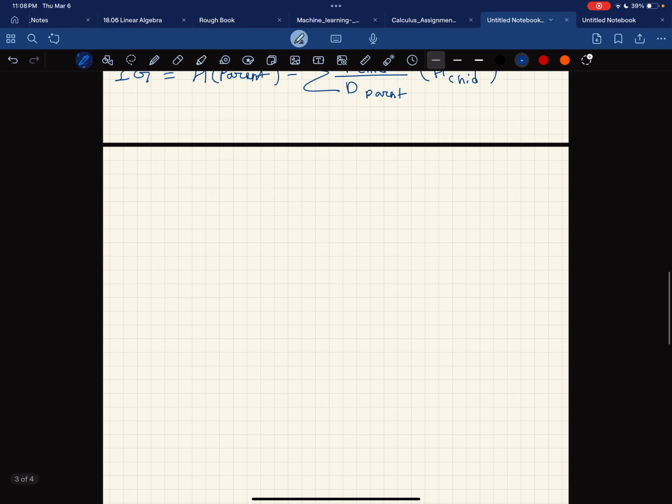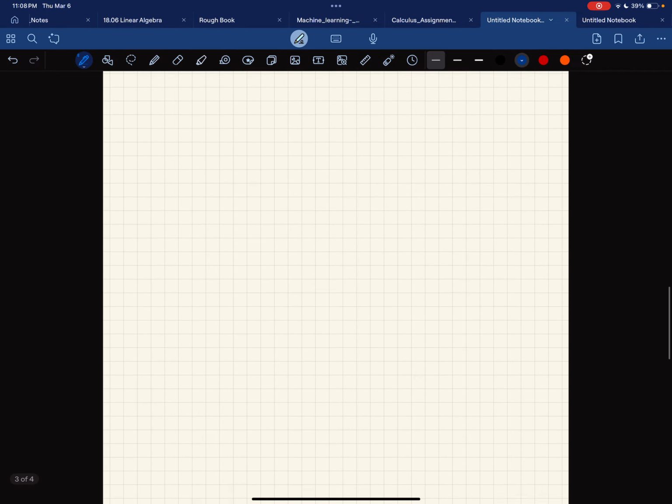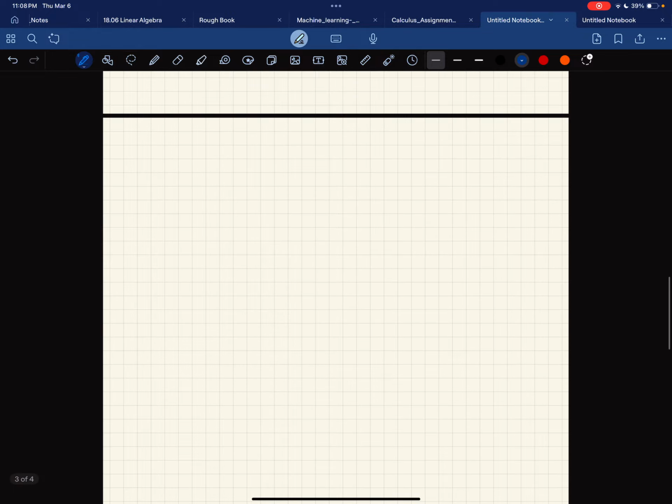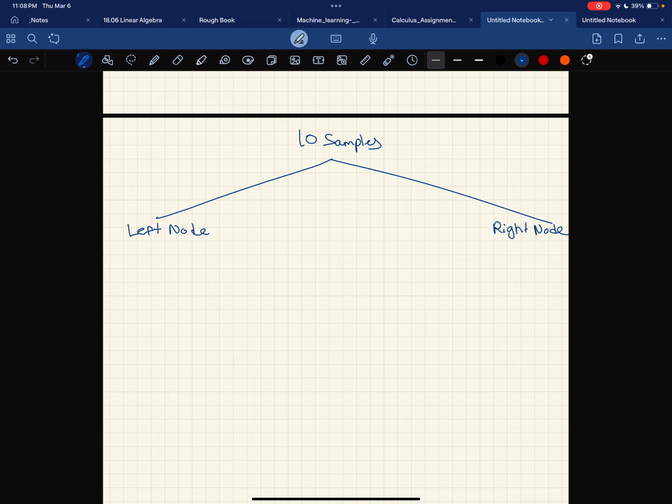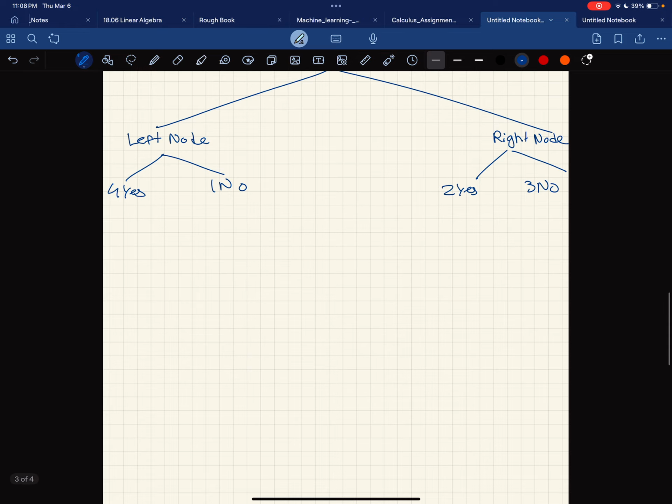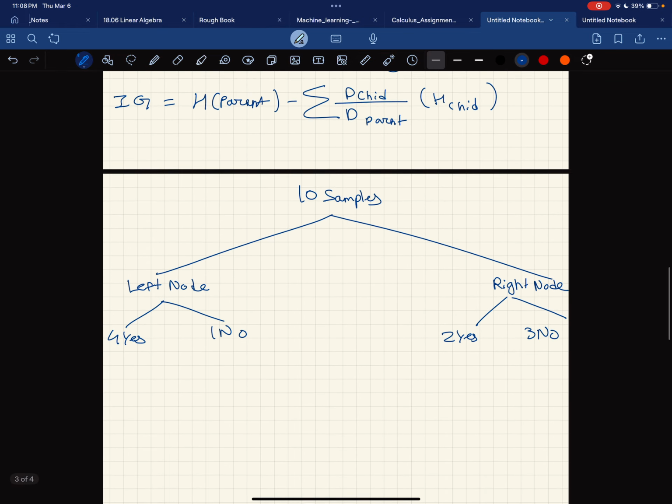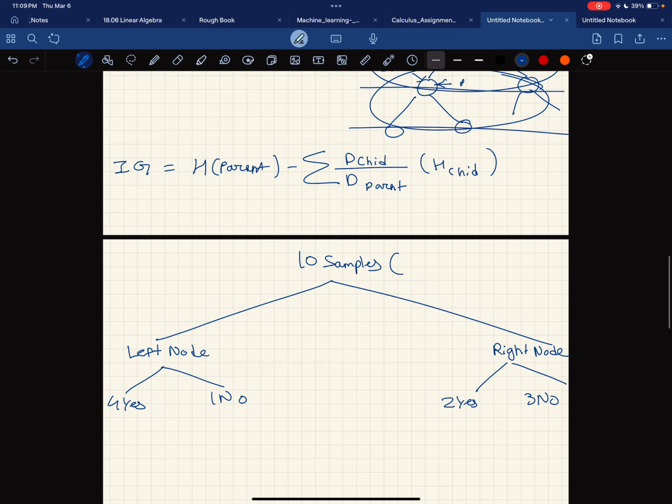I'll also show you the entropy by the example. Suppose we have 10 samples. It has two nodes, left node and right node. Left node has 4 yes and 1 no, right node has 2 yes and 3 no. So what would be the entropy here? We calculated the entropy of the parent here.